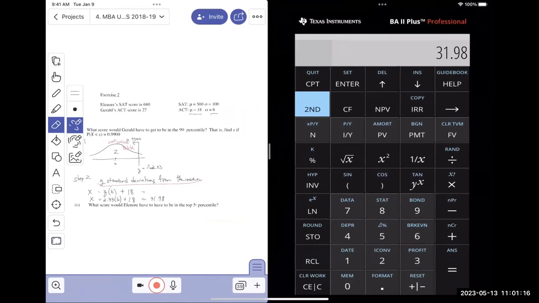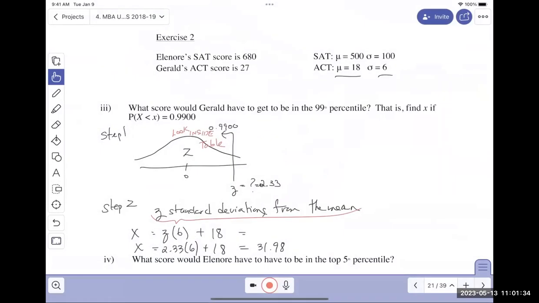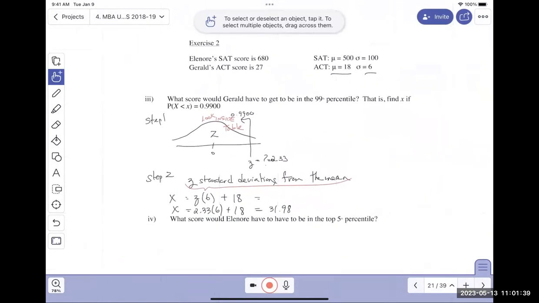So are there any questions? So the final answer here is that Gerald would have to have 31.98 as a score to be in the 99th percentile.